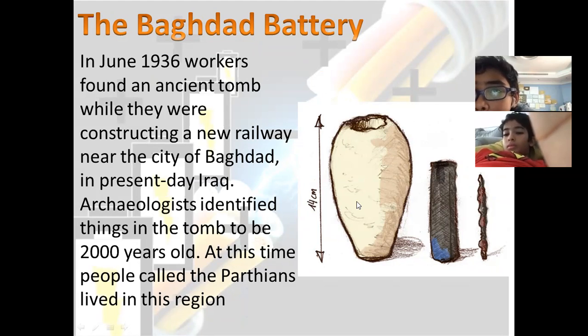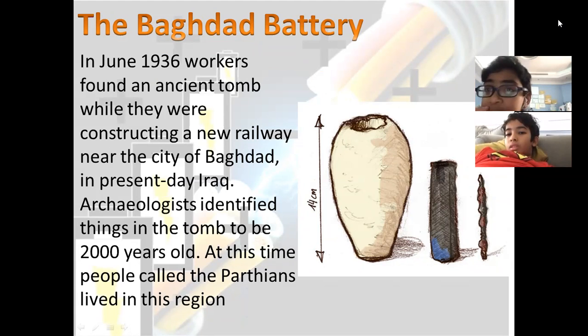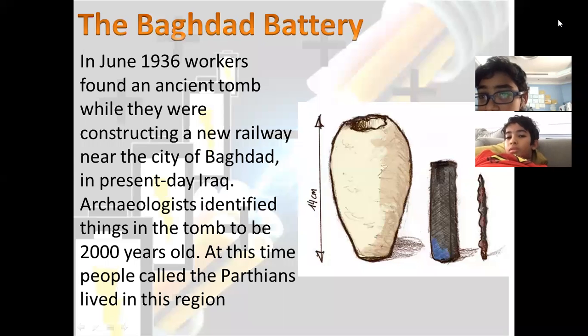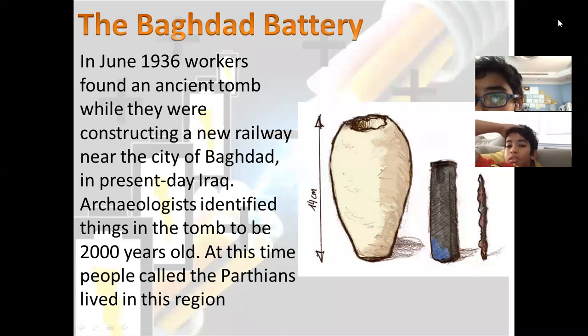The Baghdad Battery. In June 1936, workers found an ancient tomb while they were constructing a new railway near the city of Baghdad, in present day Iraq.